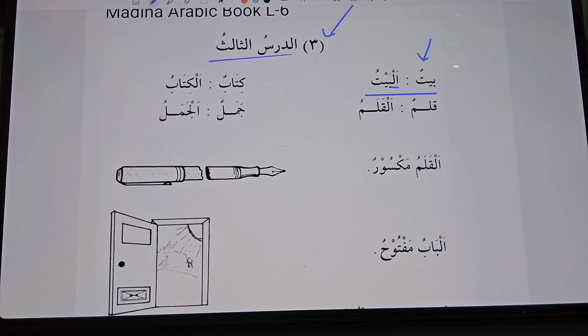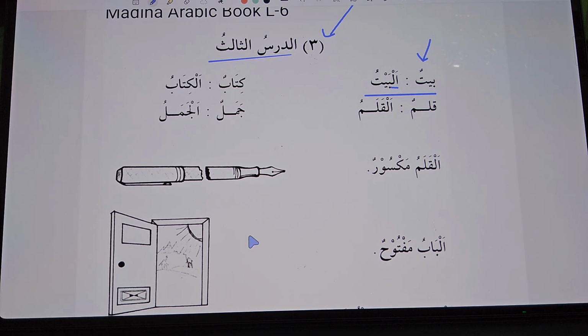Yes, maybe. So indefinite. Then al-baytu is definite. Maybe we can use Arabic, we call it ma'rifah. We don't need to use English.